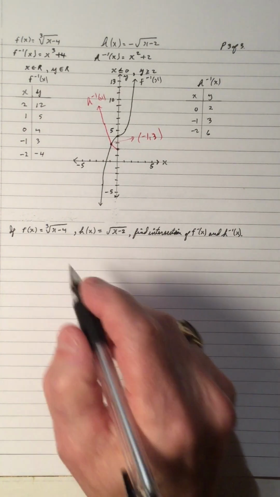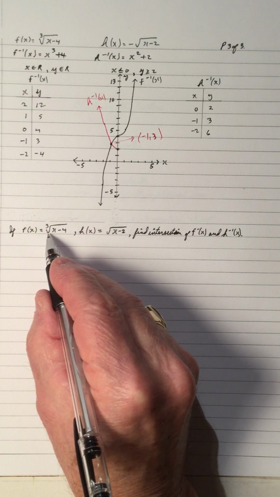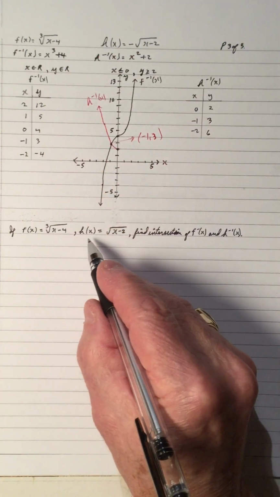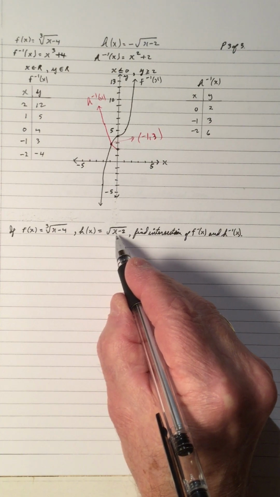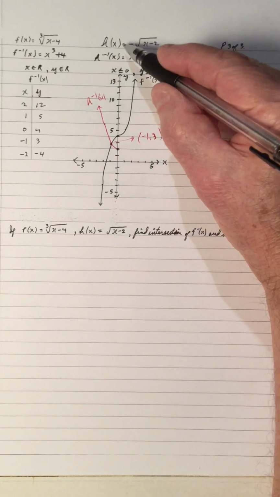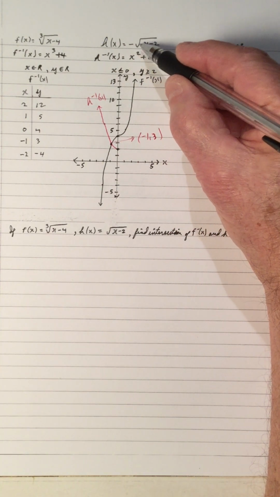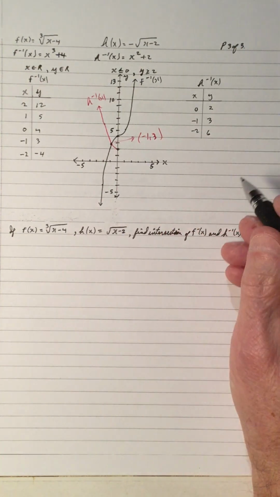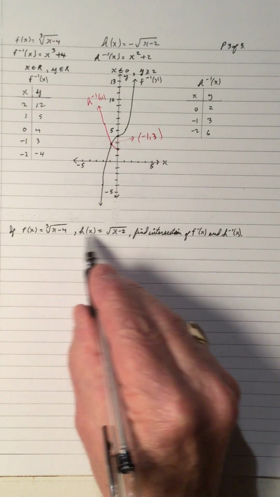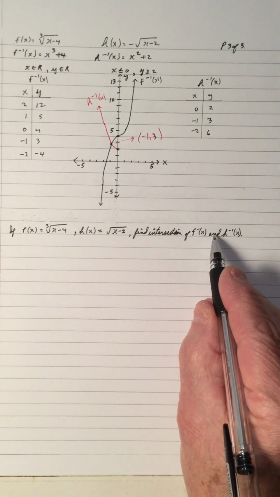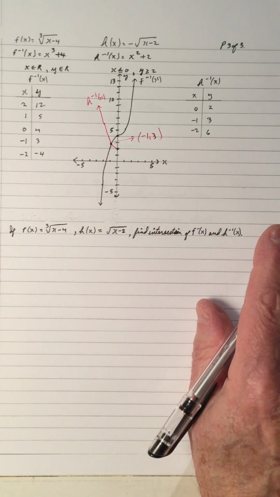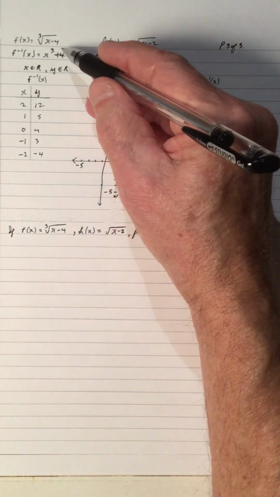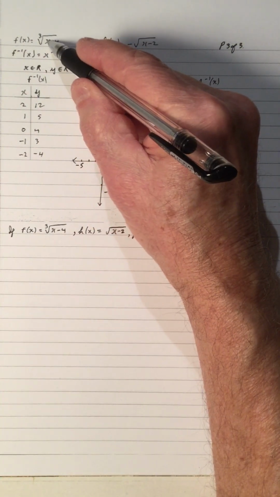What if the f of x was the cube root of x minus 4, which is the same as this, and the h of x was the square root of x minus 2. Notice the h of x here was the negative of this root. Now we have the positive. So what would be the intersection with these two when we look at its inverses? Well, let's have a look. The f of x, we worked out the inverse.